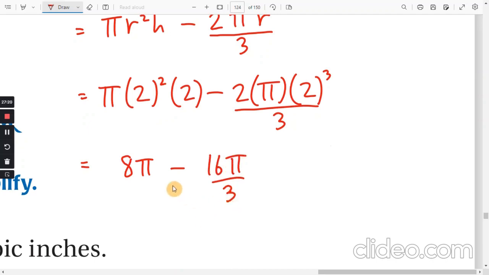Okay, now you need a common denominator. So we need this to be over 3. 8 times 3 is 24, and we still have pi, and now that's divided by 3, and that's minus 16 pi over 3.